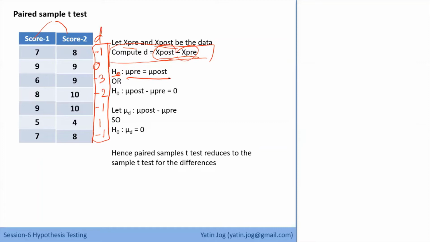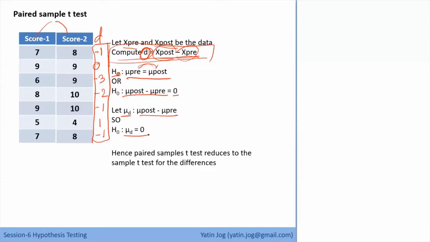In a way, I can write H0 again as, if I shift this mu pre to this side, mu post minus mu pre equal to 0. And the notation for that difference is D. So instead of writing mu post minus mu pre, I can write mu D, which is mu post minus mu pre.